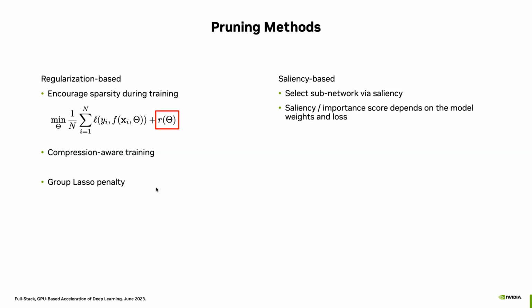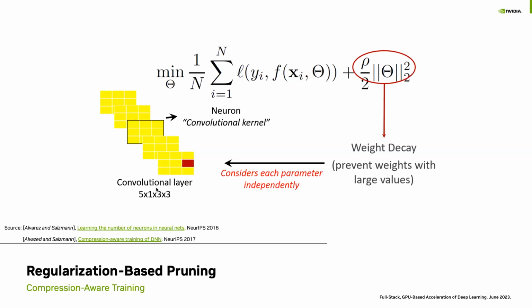Let's talk about the regularization-based method first. This is the objective function that we typically use when we train a model. We always use a weight decay item to help prevent the weights from growing too large. This actually considers each parameter independently, trying to push each single parameter towards 0.